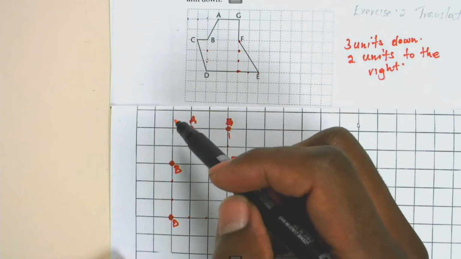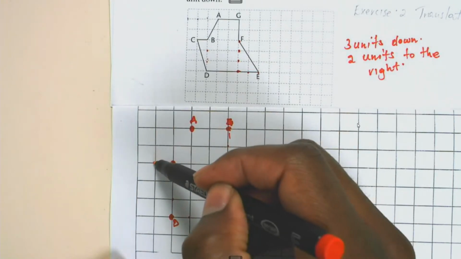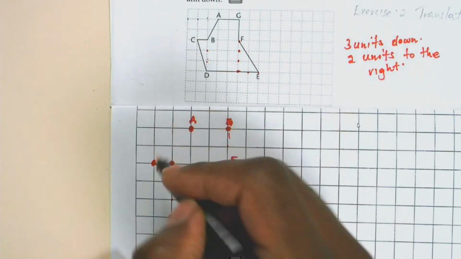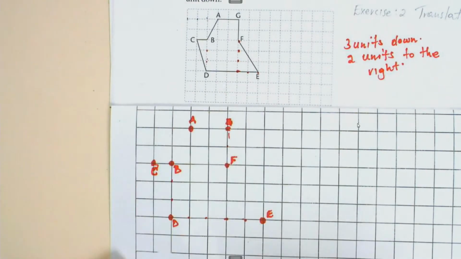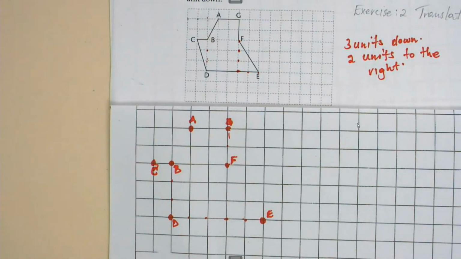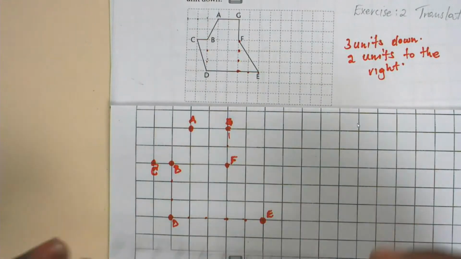And from point B to point C, it will be 1 unit. Therefore, we've got our point C there. After then, we connect them again.